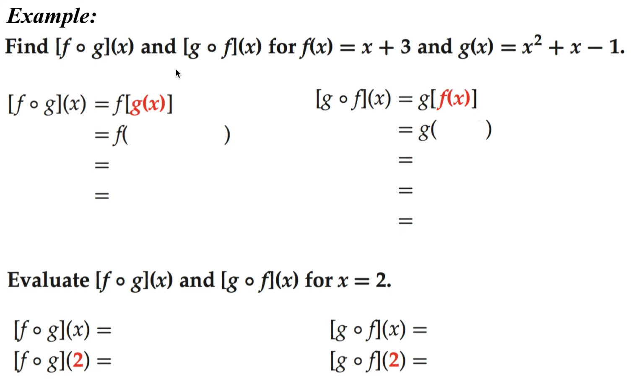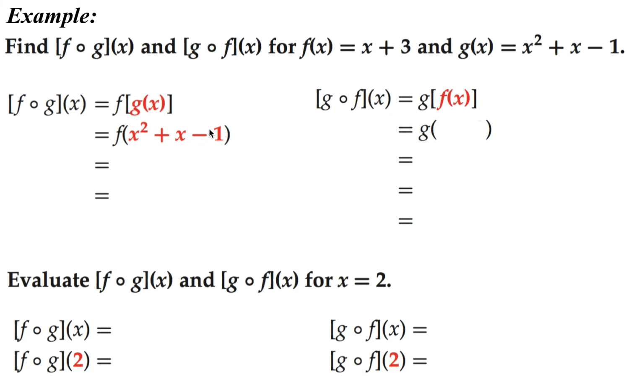So let's take a look at what happens if we have algebraic expressions then. Instead of just ordered pairs, let's find f composite g of x and g composite f of x if these two functions are used. So to find f composite g, we start with g of x and we plug it into function f, right? So g of x is this equation, x squared plus x minus 1.